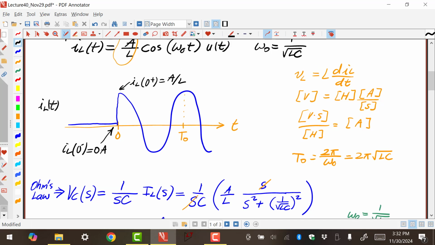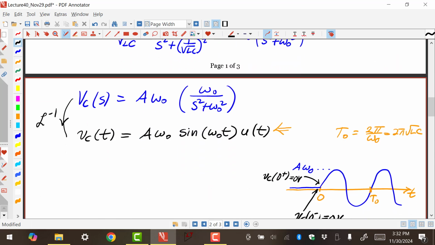And A over L is a current, right? By the way, this term here, is that a voltage? Because I just marked the amplitude as A omega naught. I didn't say anything about it. But is that voltage? It is. And the reason is because, remember, A is an area. It's volts times seconds. So if you think about A omega naught, what is that in terms of units?